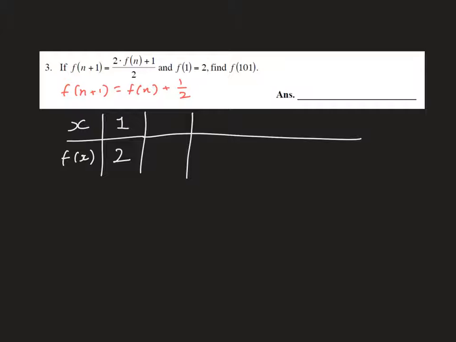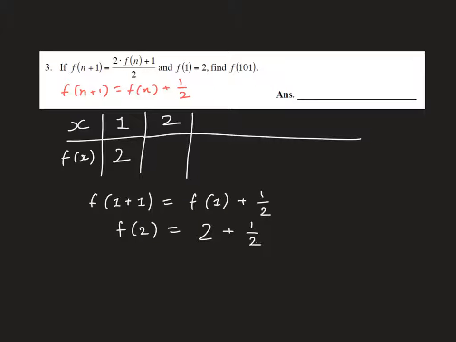But let's say we want to find f of 2. So f of 1 plus 1, where we look at the case where n equals 1, is equal to f of 1 plus 1/2. So f of 2 equals, we already know this is 2 plus 1/2.